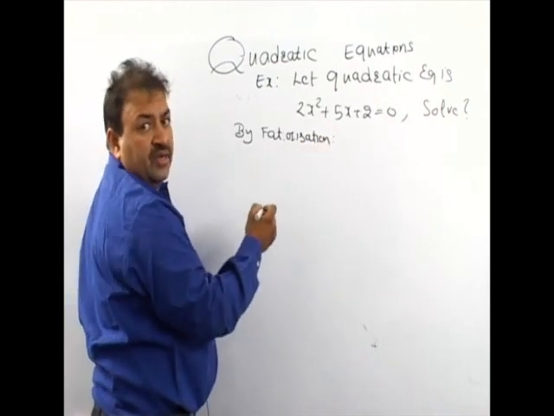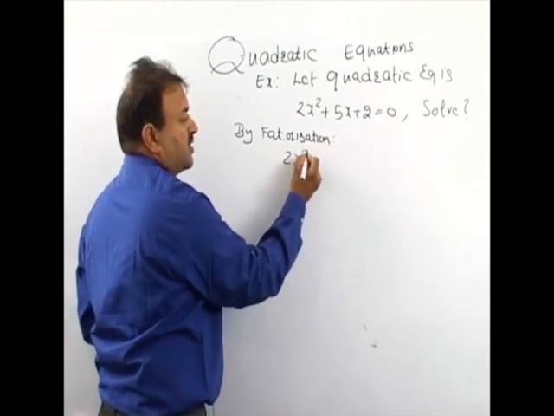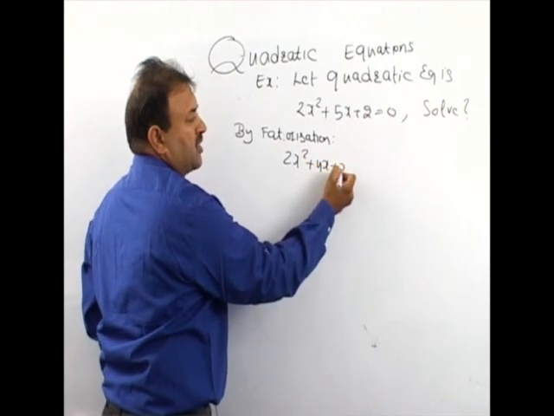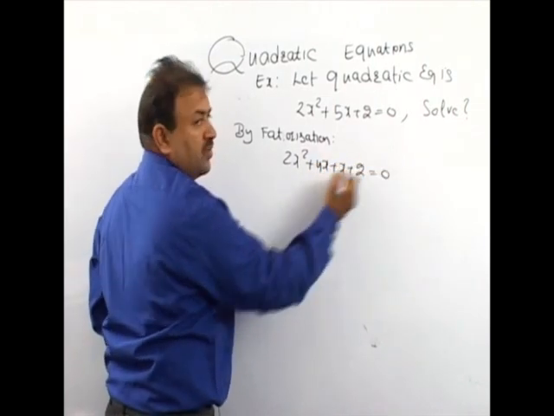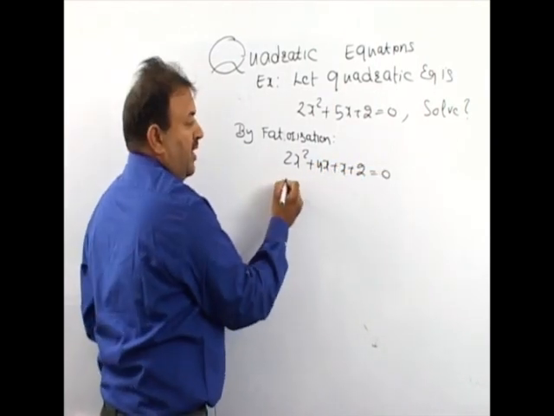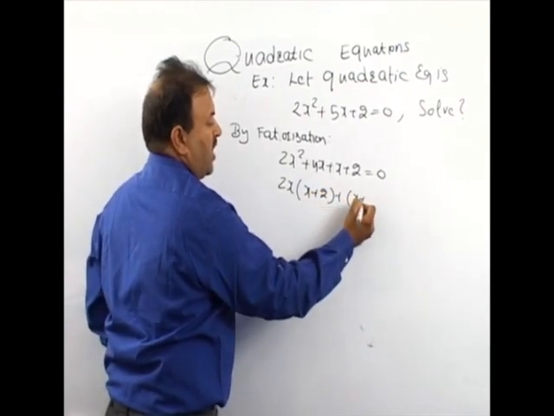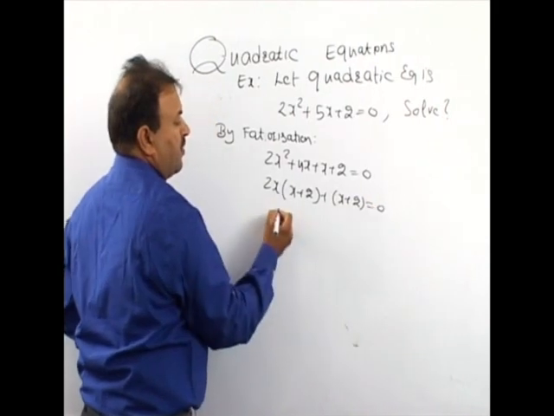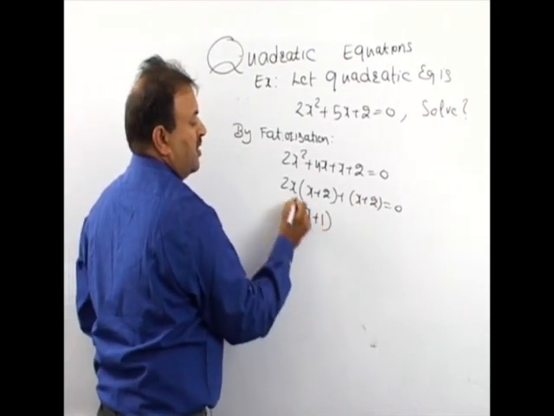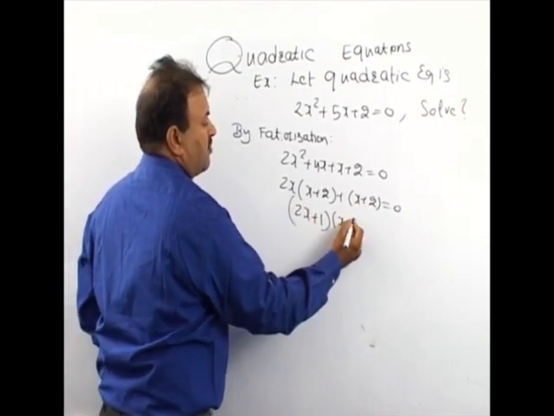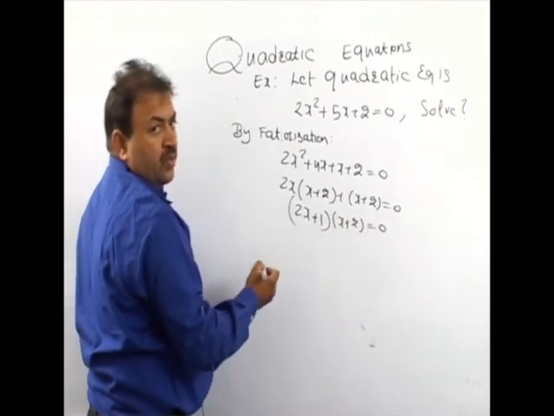By factorization, it is 2x square plus 4x plus x plus 2 is equal to 0. It is 2x common, x plus 2, plus x plus 2 is equal to 0. 2x plus 1, x plus 2 is equal to 0.